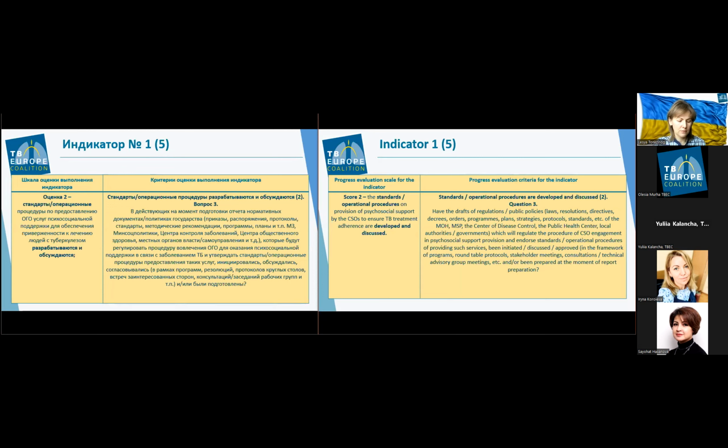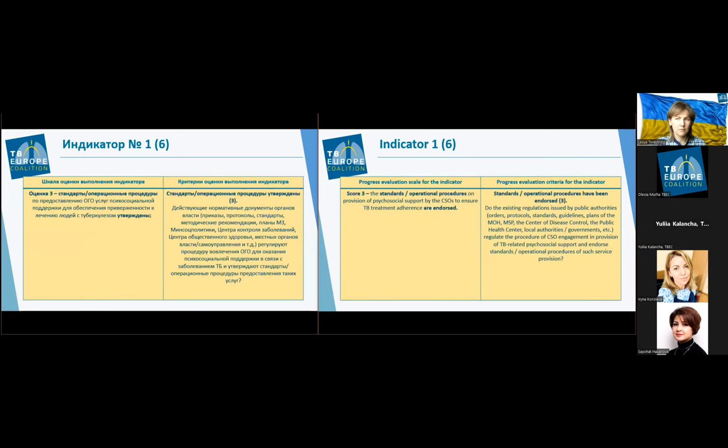So the regulations, public policies, and so on and so forth that will regulate the procedure of CSO engagement in psychological support provision and endorse standards, operational procedures of providing such services have been initiated. These documents or activities have been initiated, discussed, or approved. Here it is more or less clear, and we are ready to proceed with the next slide.